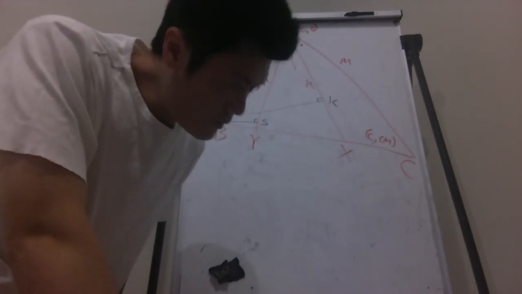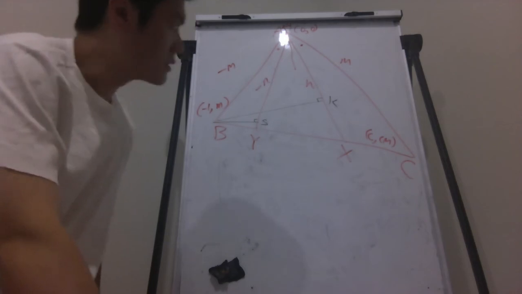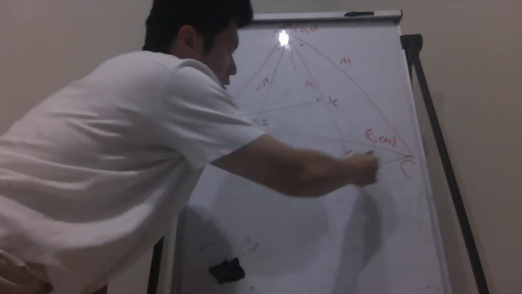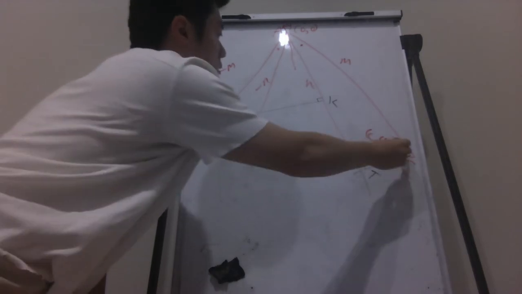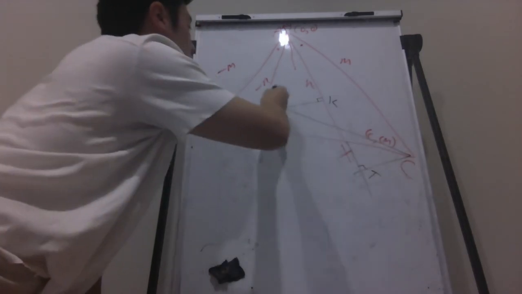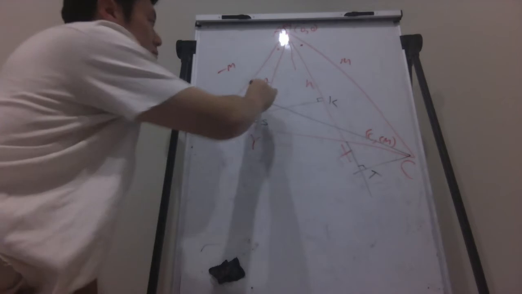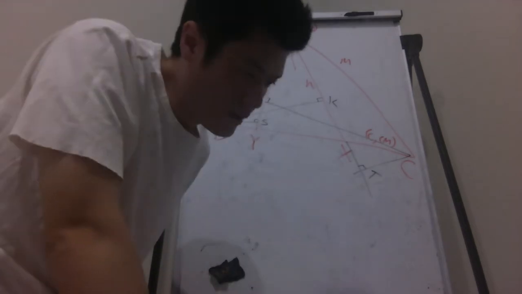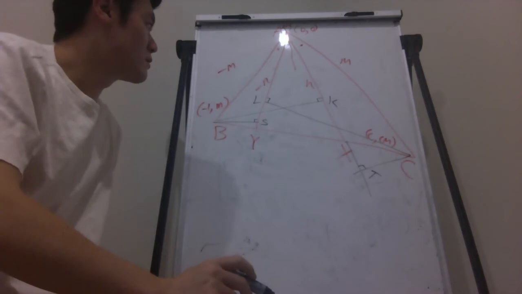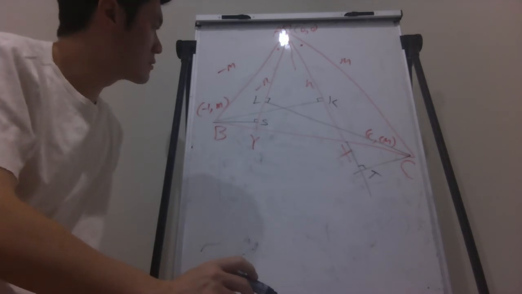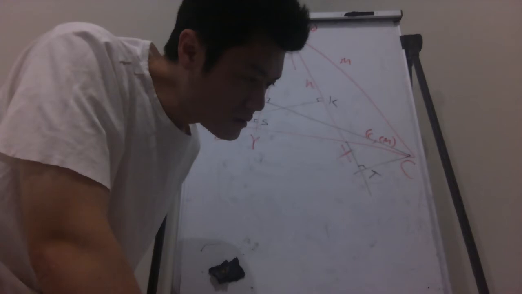T and L are the feet from AX and AY from C. So here is T, and L. Okay, and then KL and ST intersect. Wait, is it KL? Yeah, it is KL. Did I do something wrong?